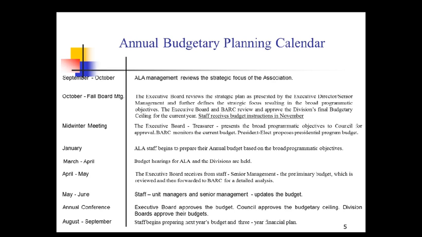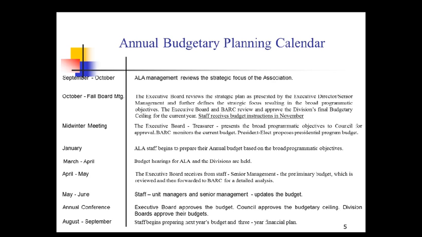We begin the budgetary planning calendar in early fall. During the months of September and October, ALA management review the strategic focus of the association. This is a crucial step that links allocation and budgetary decision-making to the association's strategic priorities.